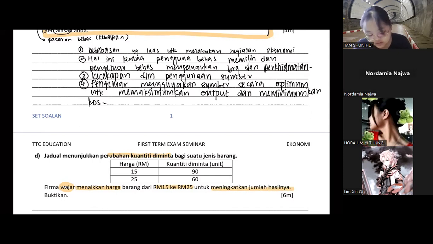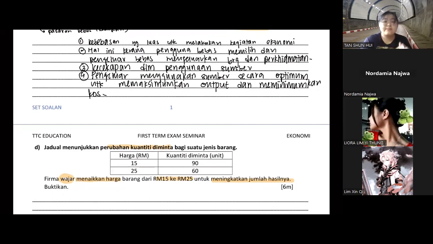So, a company is able to increase the price to increase the hasil, the income. Buktikan, prove. So we need to prove that Prima will earn money by increasing the price. So they said, when the price increases from 15 to 25, Prima earns a lot of money.